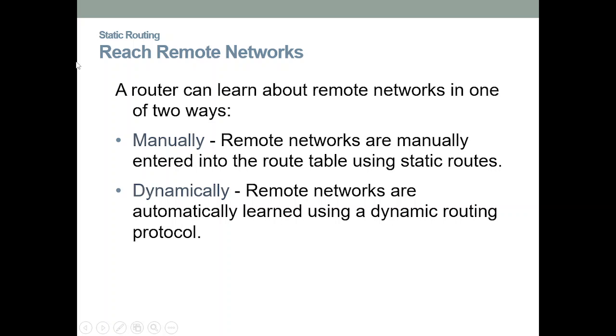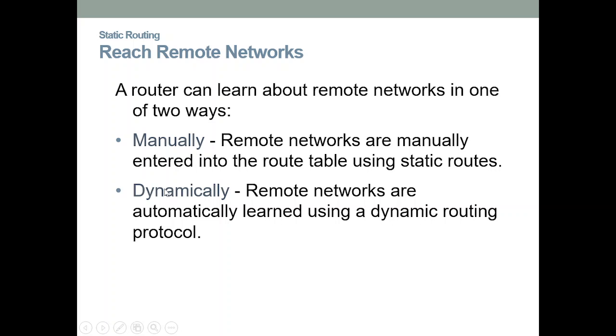But basically, a router can learn about remote networks either by the manual method, which we shall call manually, or automatically, and that one we shall call dynamically. With the manual way, remote networks are manually entered into the routing table using static routes.